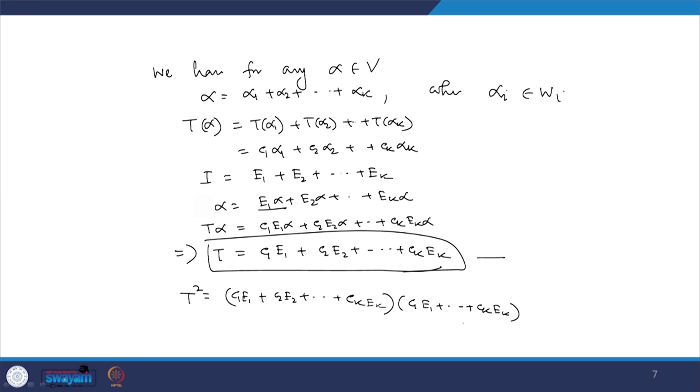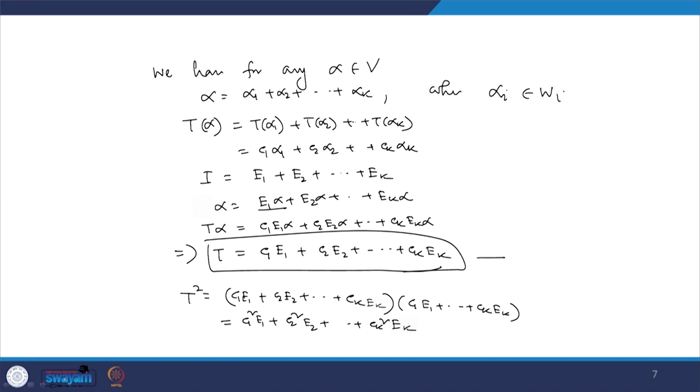So, using the property that Ei into Ej equal to 0, this will give you C1 square E1 plus C2 square E2 plus Ck square Ek, because Ei square equal to Ei.